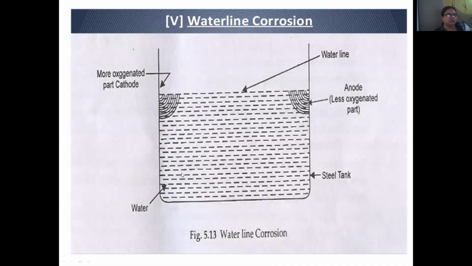Suppose this is a waterline corrosion example. Here you can see the surface of the water.